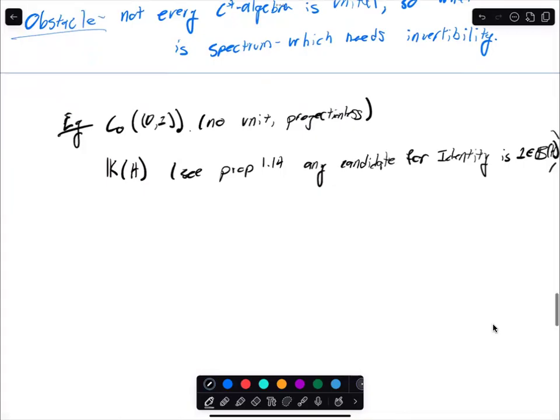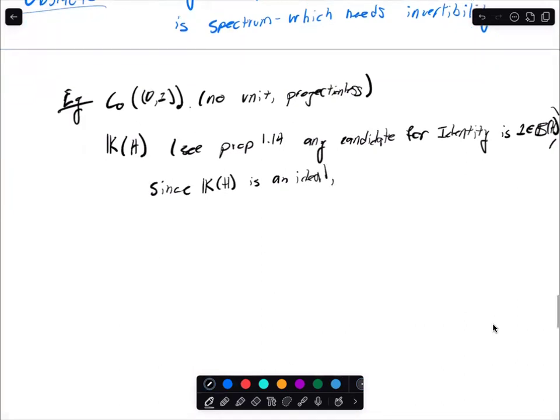And of course, that would be a problem. Since the compact operators is an ideal, then everything would collapse, right? As soon as the unit of the whole thing is in the ideal, then the compact operators is everything.